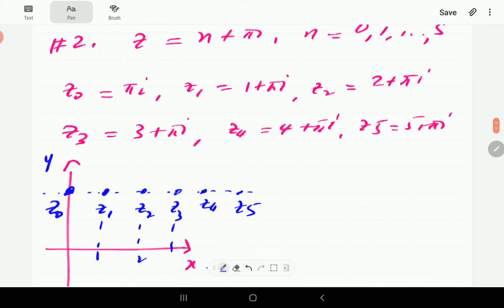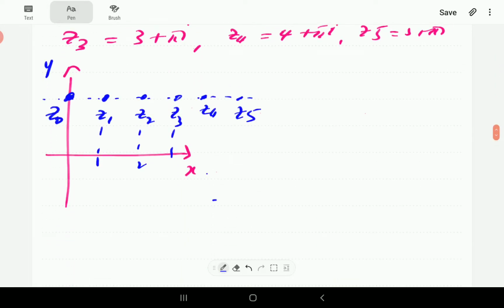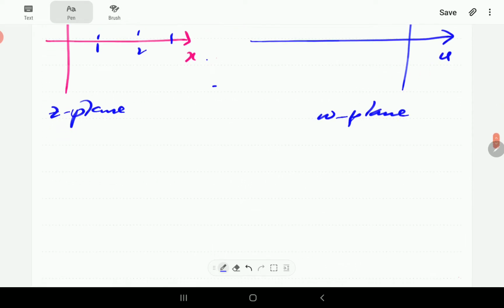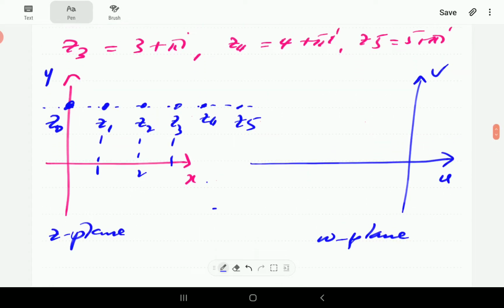That straight line is the same as y equals pi. So we will see what their images turn out to be, and we will plot them on the w plane. So this is the z plane this side, and this is going to be the w plane, where we plot our images.